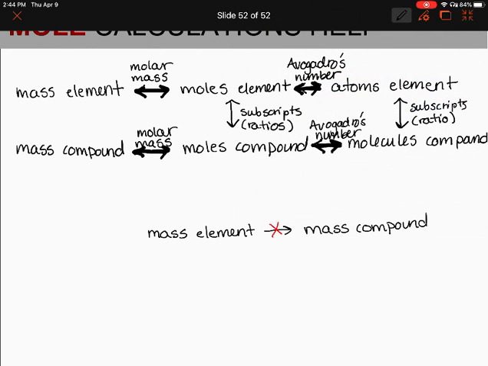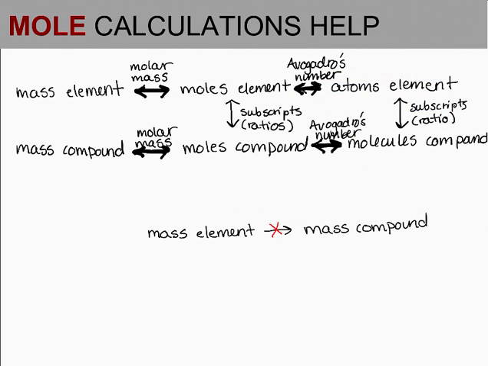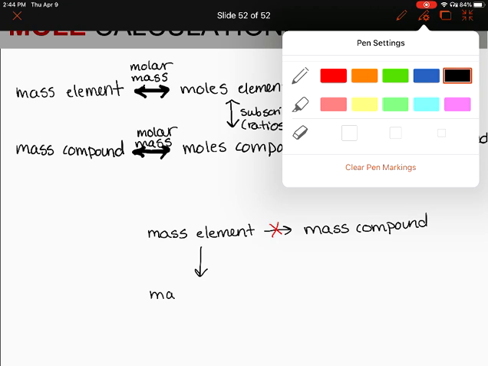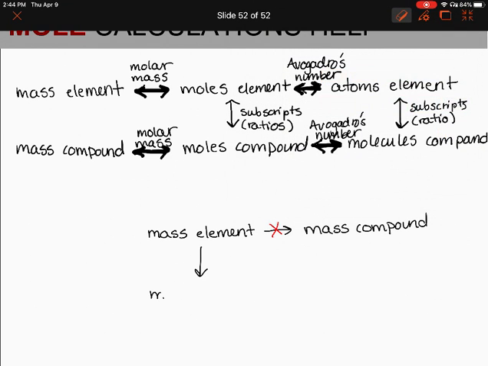So instead, you'll have to convert from the mass of the element to the moles of the element. Too many M words. And then we can convert from moles of the element to moles of the compound. And finally, from moles of the compound to the mass.